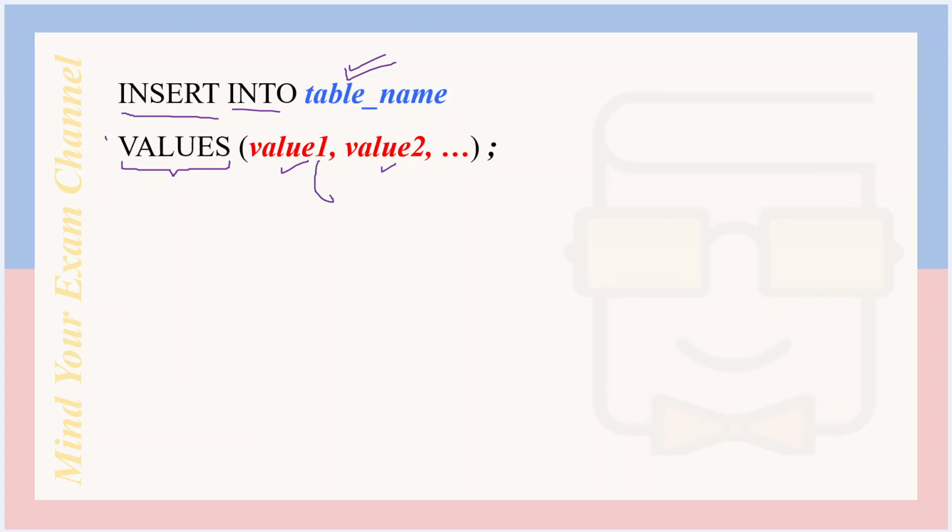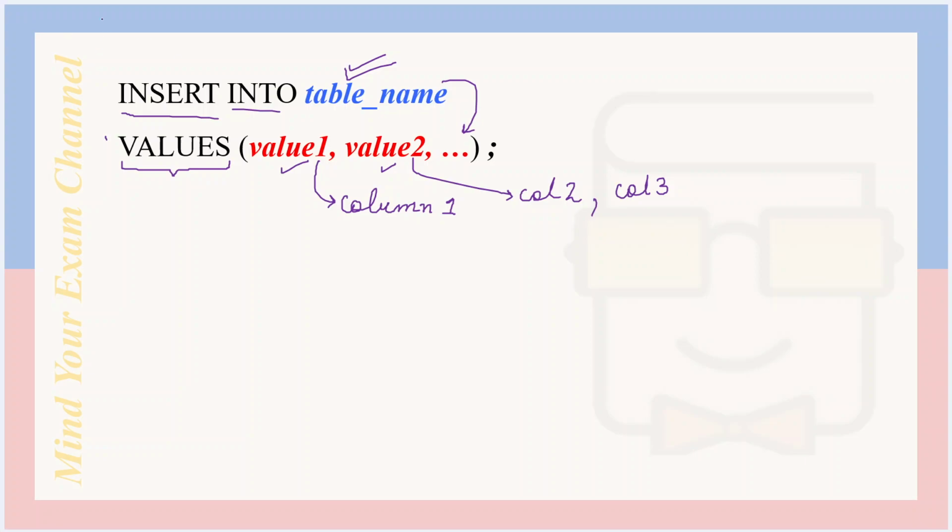Now these values correspond to the attributes that are present in the table that you have specified here. Value 1 is the value for column 1, value 2 is the value for column 2, and if there are more attributes, value 3 is assumed to be the value for column 3 of the table.